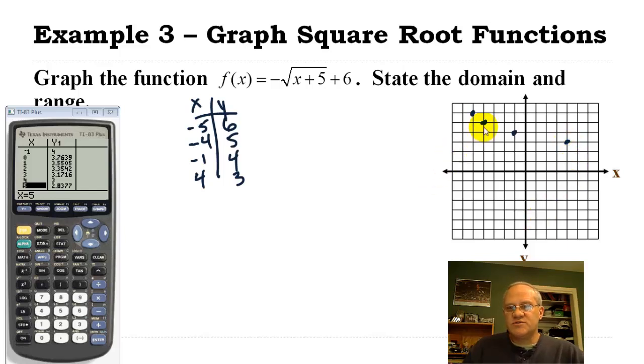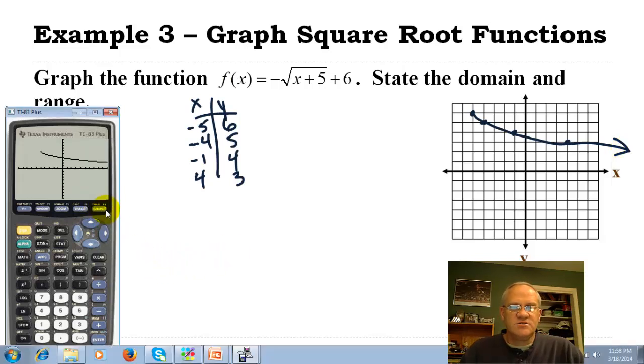So you can kind of see what that's going to look like there. And so it's going to look something like that. It's not going to actually fall off at the end there, but I just slipped off the edge of my drawing pad. But it'll look something like that. So let's take a look and see on the graph here what it looked like. And guess what? That looks pretty much like what we got. So what's our domain here?